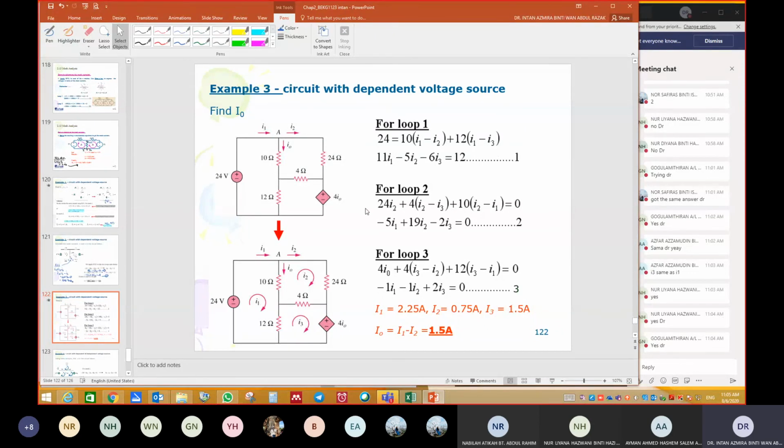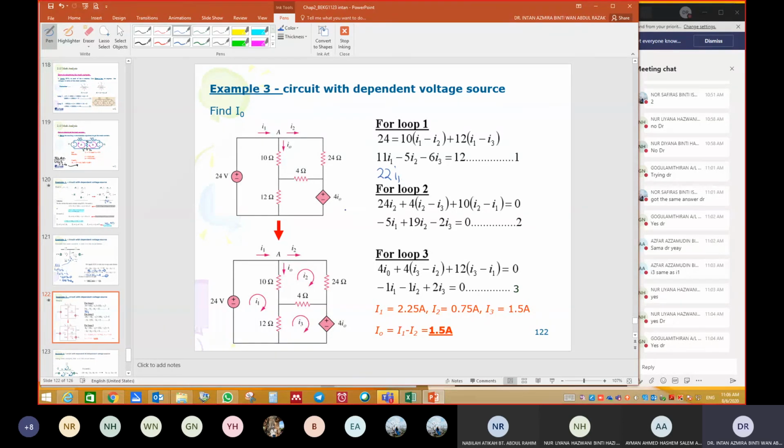Or you can just write like this. Count how many resistance in loop 1. We have 22, isn't it? We have 22 I1. And then how many resistance share with other loop? We have 2 resistance share with other loop.